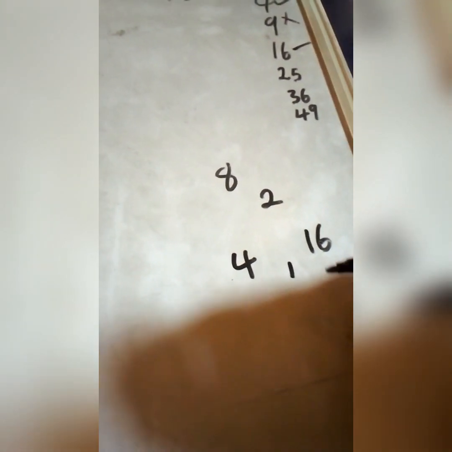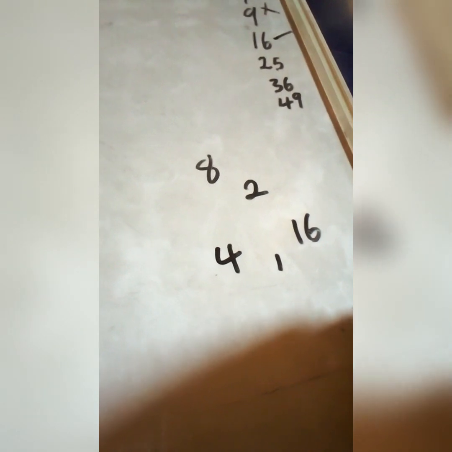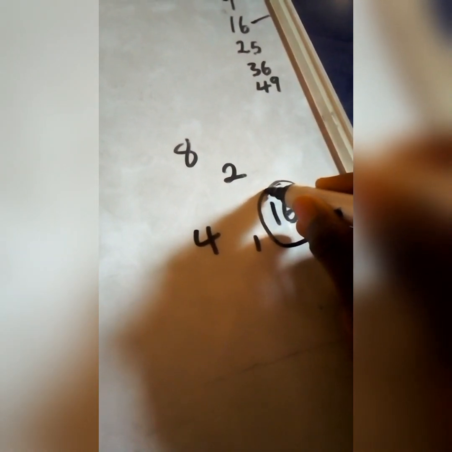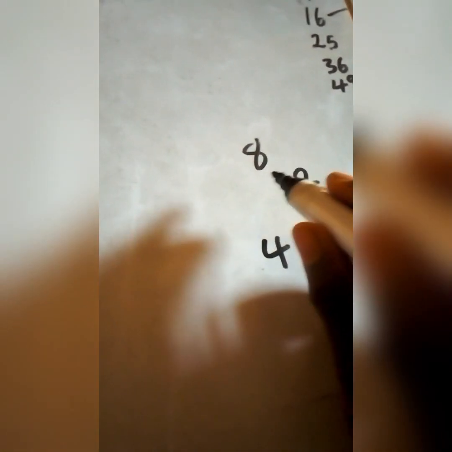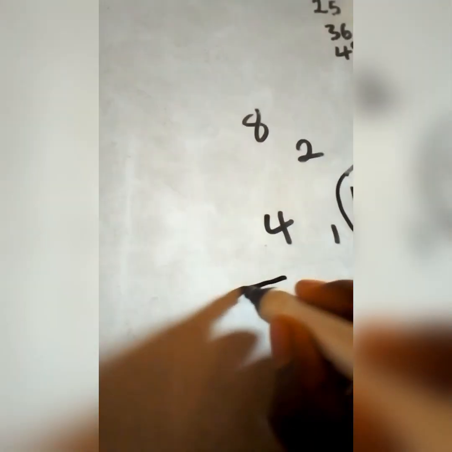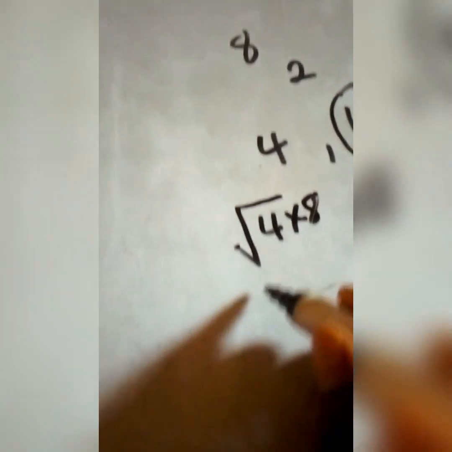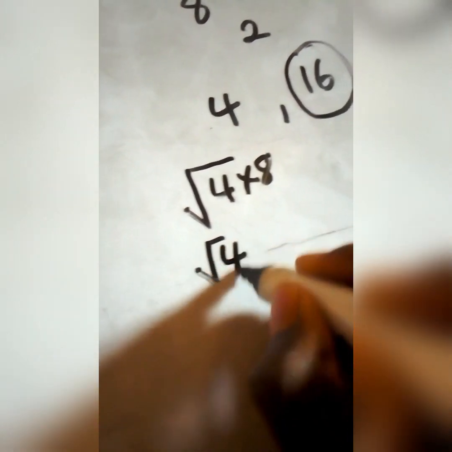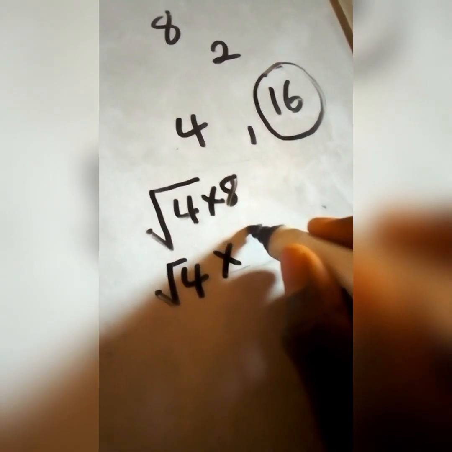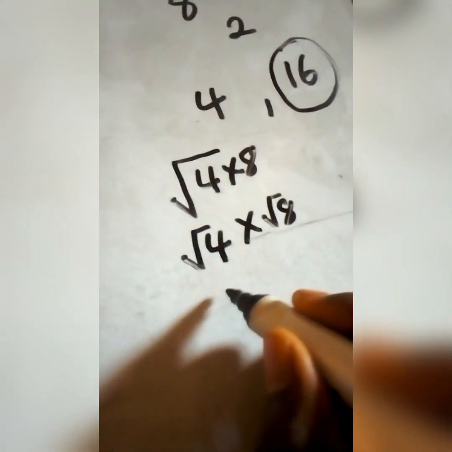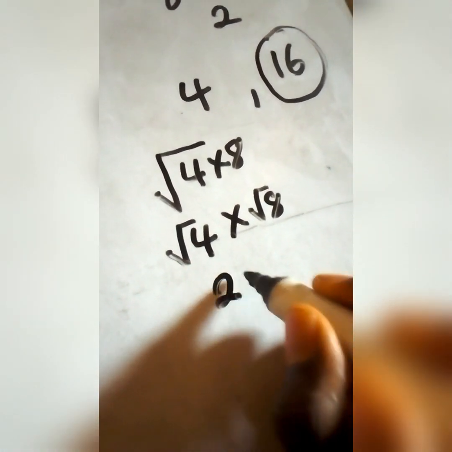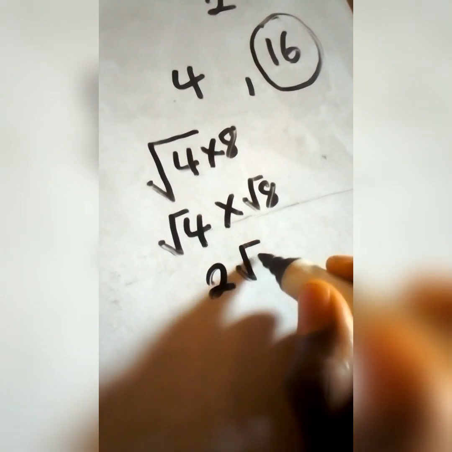So what do we do now? Which one do we use? What we are going to do is use the bigger perfect square. Why do we use the bigger perfect square? So that the other number is going to be small. Now let us check this 4. It's root of 4 times 8, which will give us root 4 multiplied by root 8, which is 2 root 8.